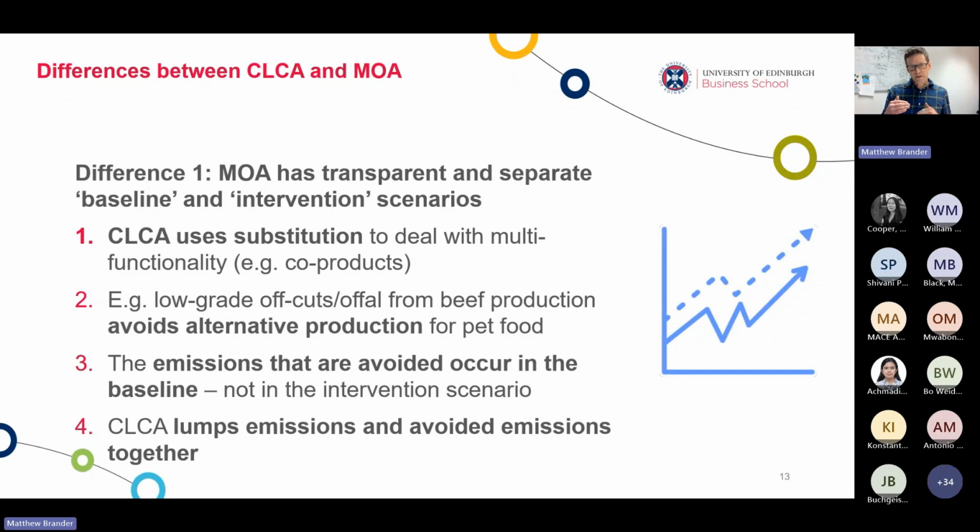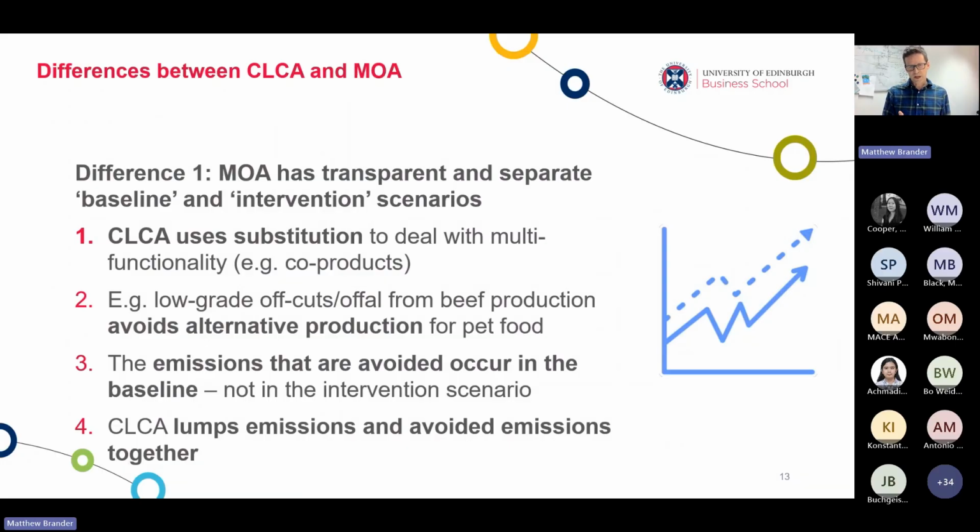For MOA, that would be modelled very transparently as emissions occurring in the baseline, which don't occur in the intervention scenario. But presentationally, CLCA in the final number that you get just shows you the total change and lumps together the emissions caused by the decision as well as the avoided emissions as well.